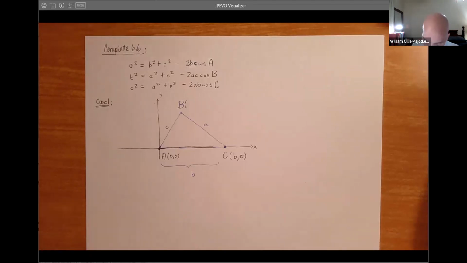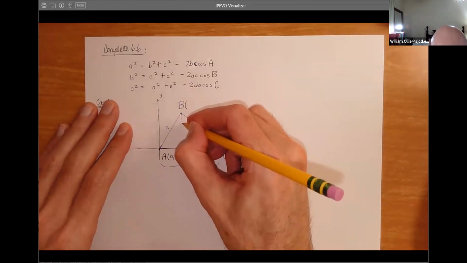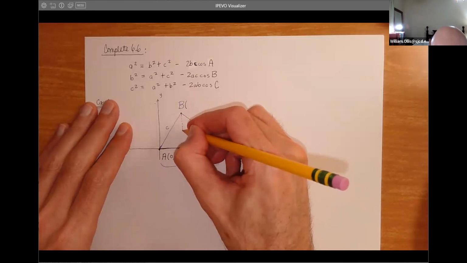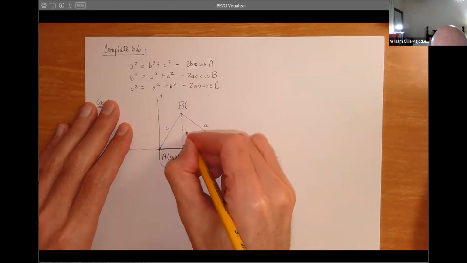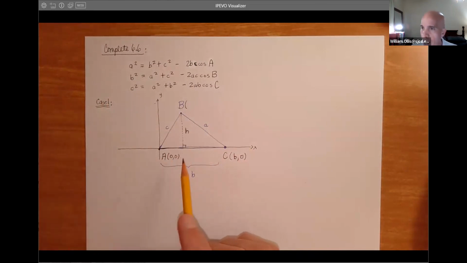So what we want to do is drop the perpendicular so we can get a height of the triangle. And we'll just call that H. So we have an H here. Now, the portion of this part goes right back to our definitions of the trig functions with the right triangle.